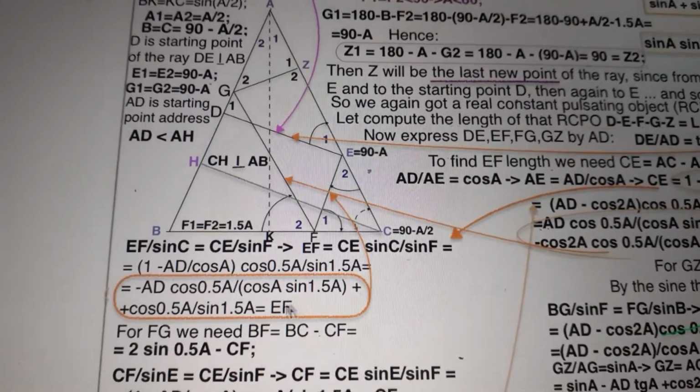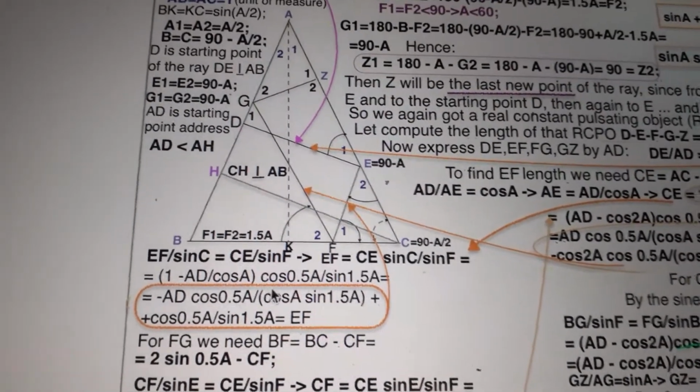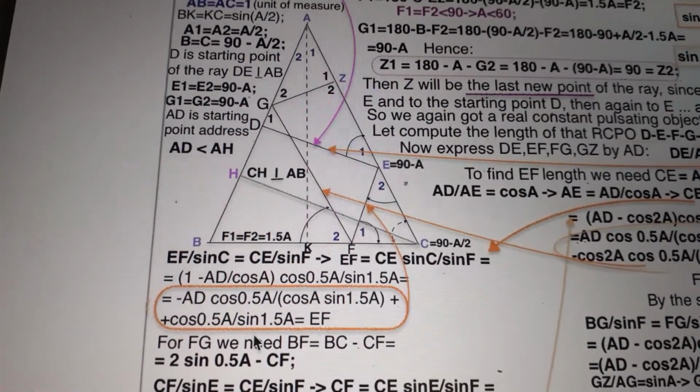Now we can calculate EF, and we see that EF is the sum of two summands. One summand depends on the starting point address AD, and the other summand does not depend on this AD starting point address.